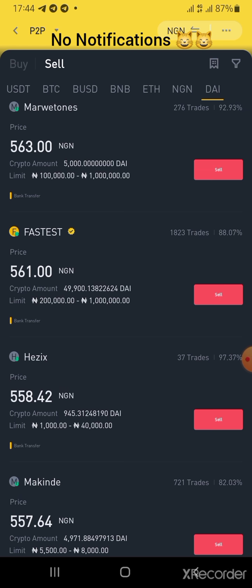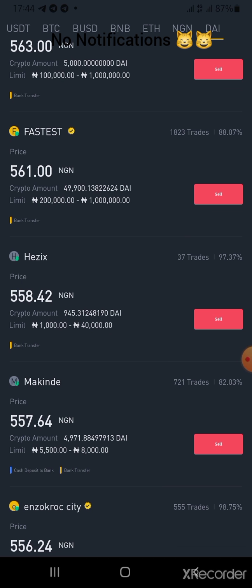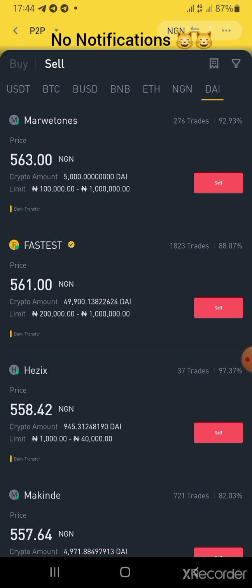You are selling now, and each of them has given you their prices. So Hezix is saying that he can buy from you at 558 naira per dollar. Meanwhile, Moritones is saying he can buy at 563 naira per dollar.